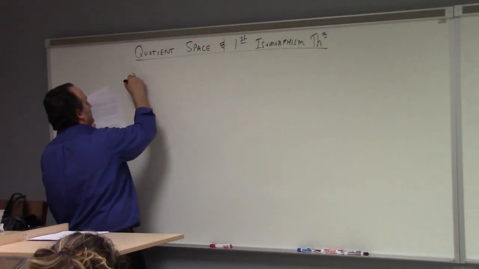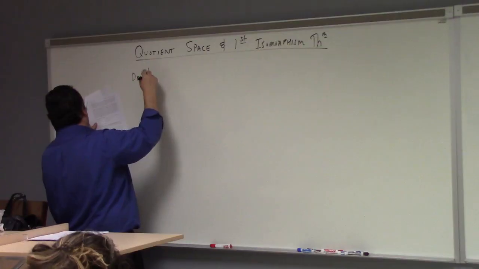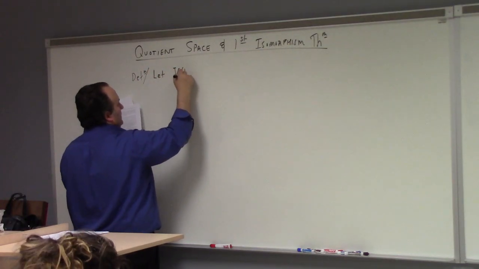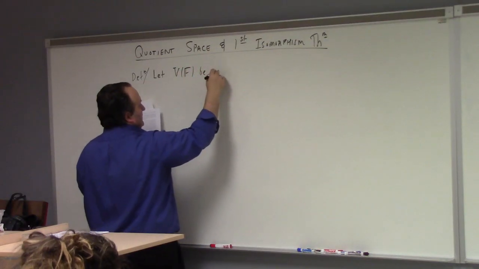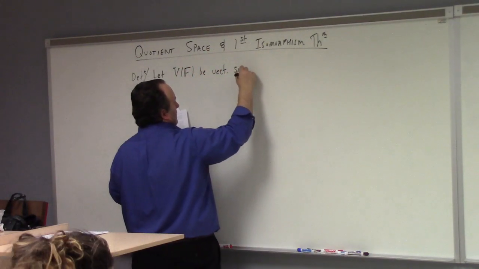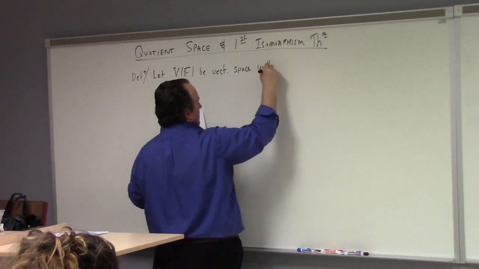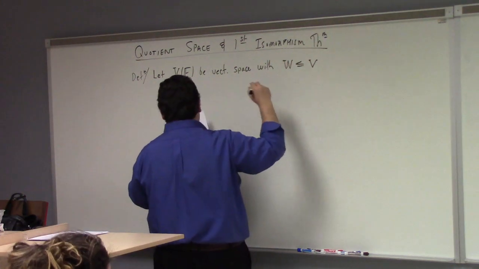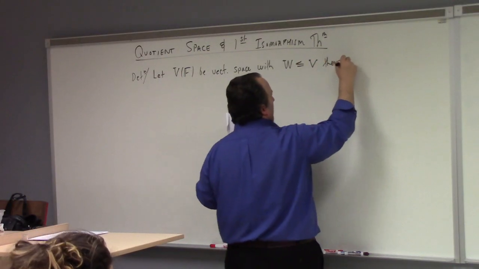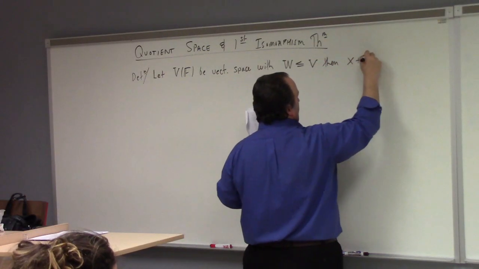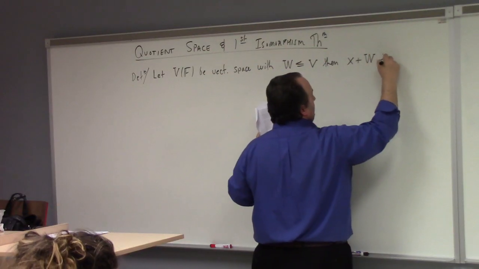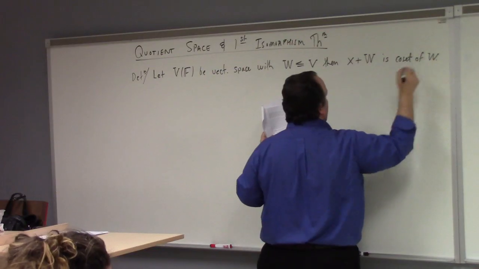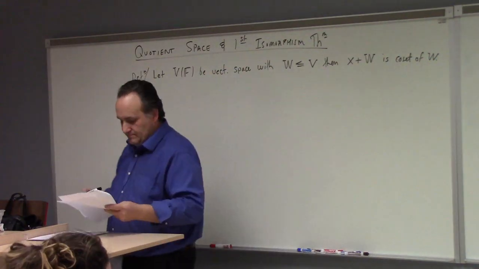So here's the definition. Let V over F be a vector space with subspace W. Then X plus W is a coset of W, or you might call it a W coset.